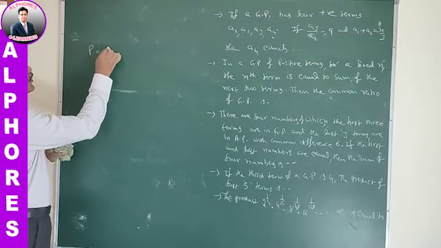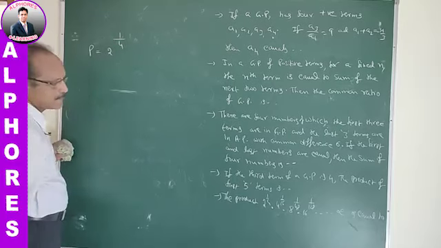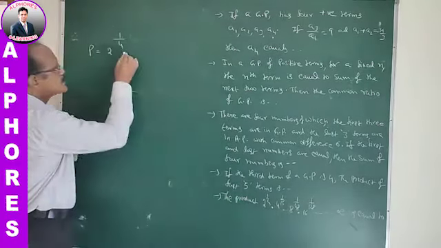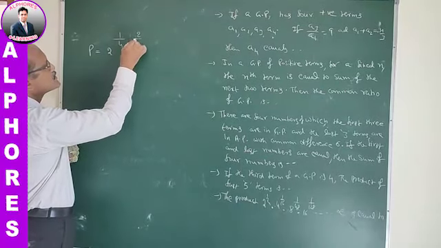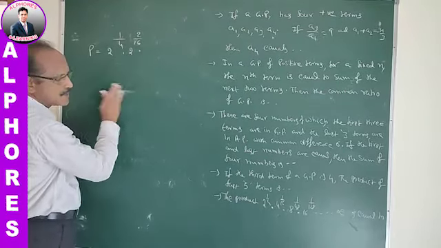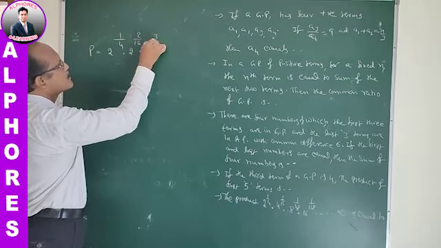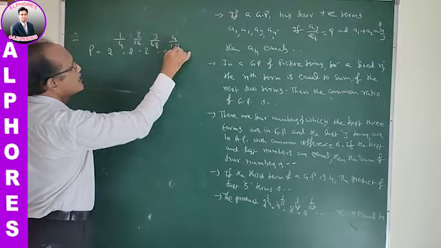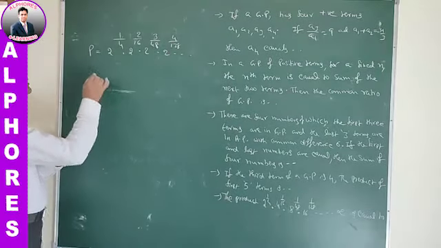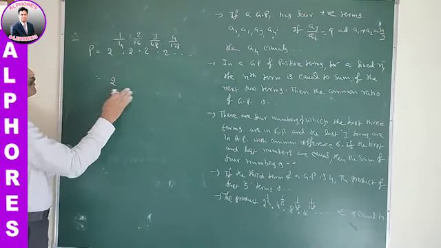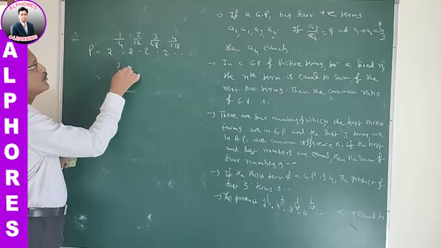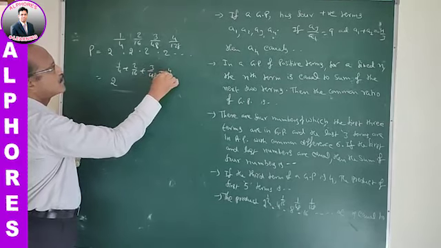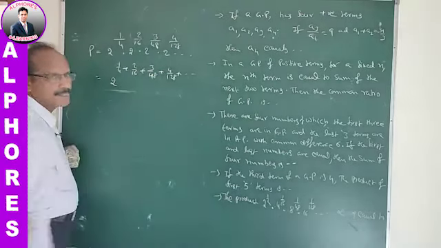Now, the product is 2 power 1 by 4 into, I am converting the 4 power 1 by 16 as 2 power 2 by 16 because 4 is 2 square, 8 is 2 cube, 2 power 3 by 48 into 2 power 4 by 128, like that. So the base is equal, powers should be added. 1 by 4 plus 2 by 16 plus 3 by 48 plus 4 by 128 plus so on.